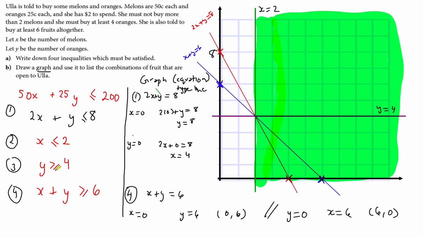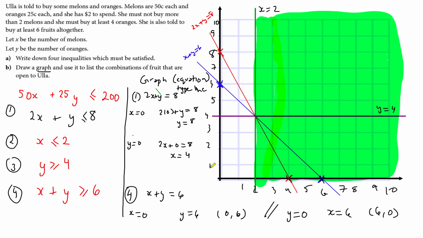And then x greater than or equal to 4. Well, she's allowed to pick the 5 and the 6. Let me actually label the axes to make it easier. 8, 10. Okay. So she's not allowed to pick less than 4.